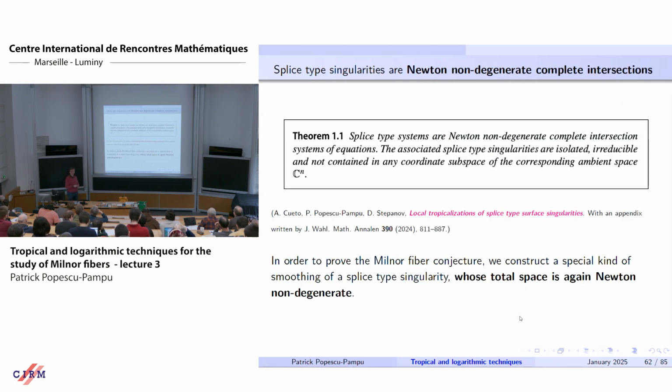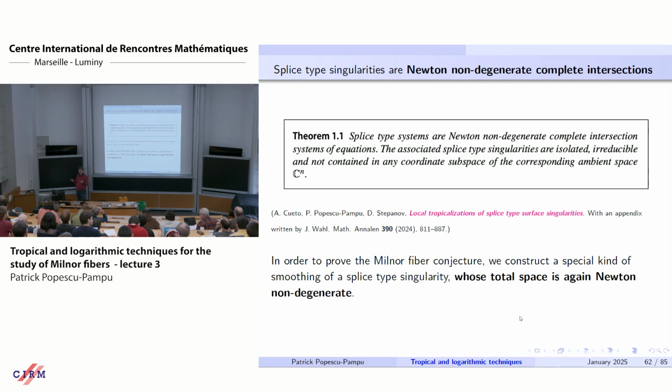First of all, as I said, we are interested in the local tropicalization of the objects. For the proof, we need a smoothing of our singularity, so a three-dimensional germ, and we need to compute its local tropicalization. But it turns out that first we had to understand very well, from the viewpoint of toric geometry and tropical geometry, splice-type systems themselves.